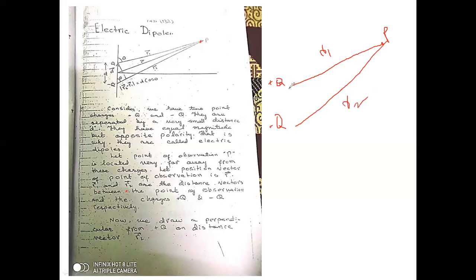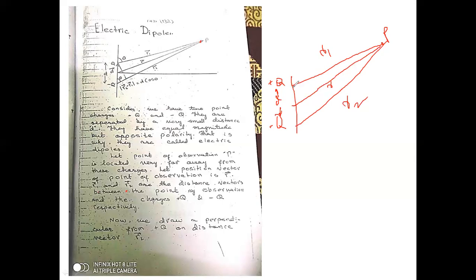This is the dipole, having two charges. Now this is the midpoint. For example, this distance is r, and the distance between plus Q and minus Q will be d, which is very small.